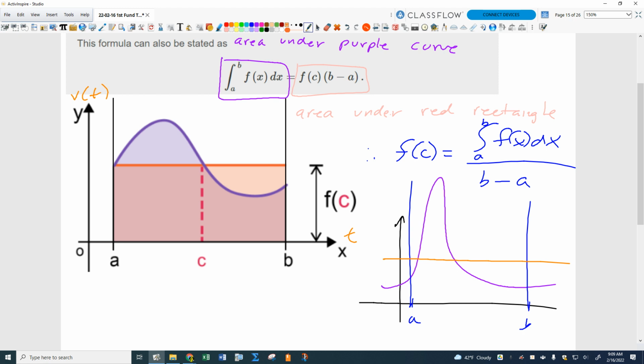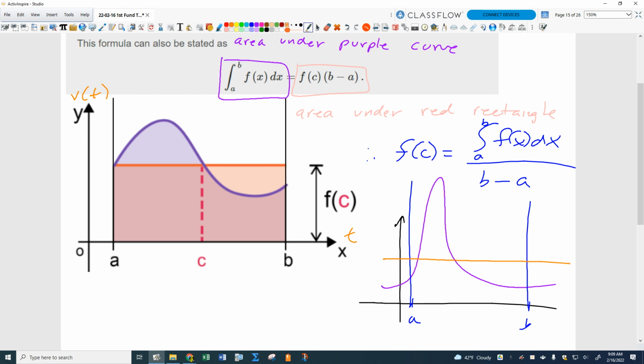Okay? So again, we're just asking, if I were to take this area and write it in the form of a rectangle, so it's going to be its average value times its width, what would that average value have to be so that the areas were equal?